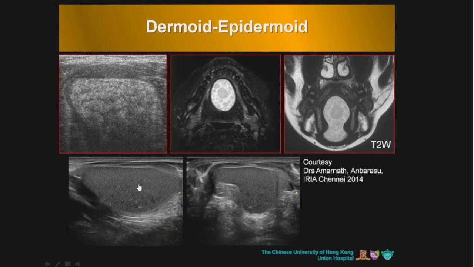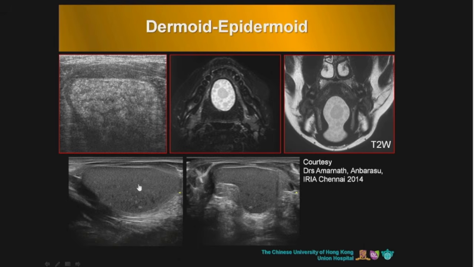They are not going to be anechoic. Of course, there will be some that are anechoic, but the classical description of a cyst that everything must be anechoic does not hold true in the head and neck. How do you know this is a cyst? You can either push on that nodule there, you will see motion of fluid or motion of debris within that cyst, or you can simply push Doppler through it.